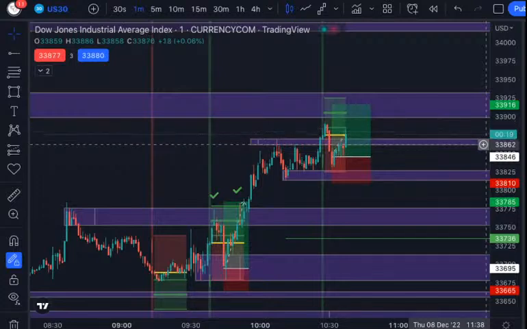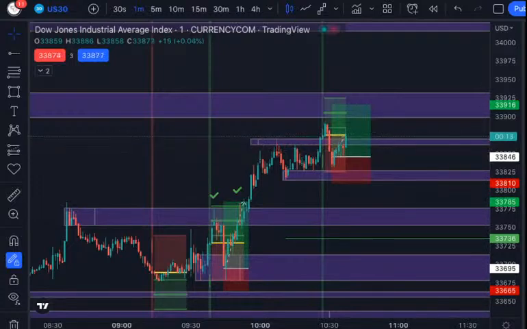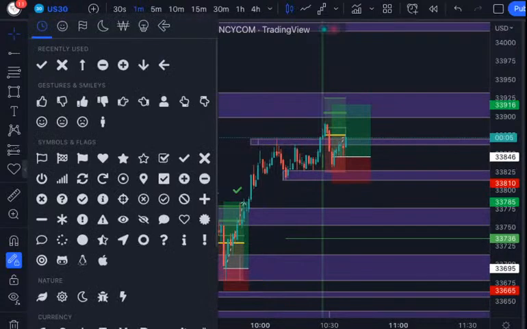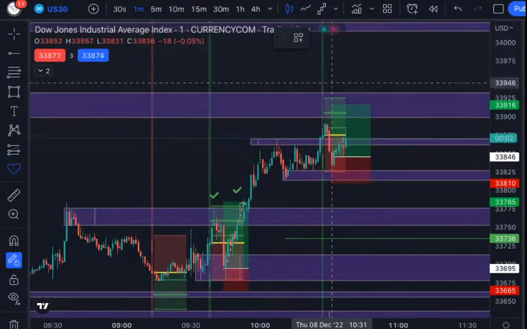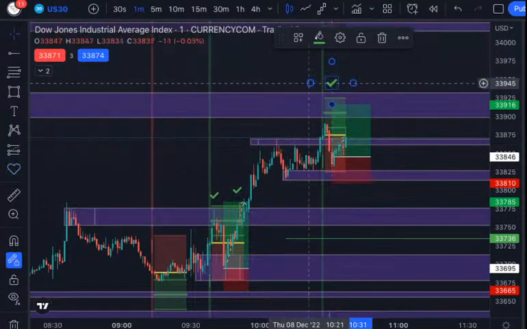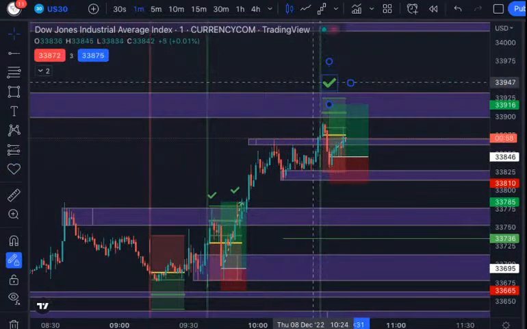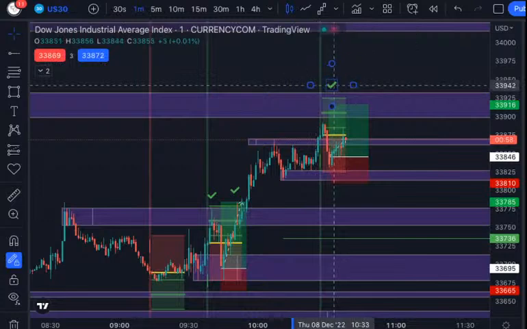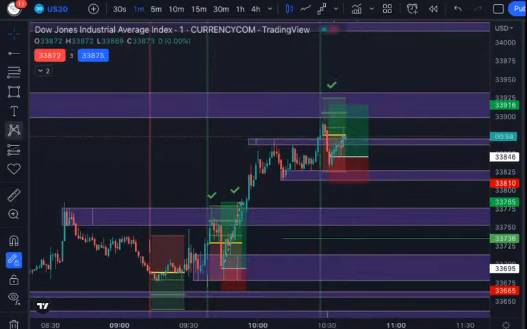So yeah, I'm moving that one into break even. So let's see. We didn't get a full TP off of this one, but I managed the position and got some profit out of that with both positions.